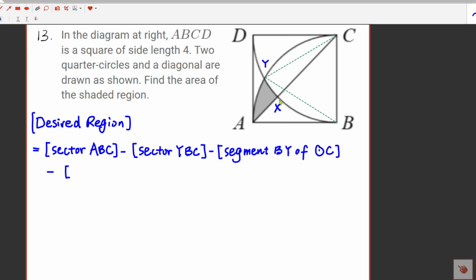Let's call this point X here. Let's call this funky area AXB. Right?